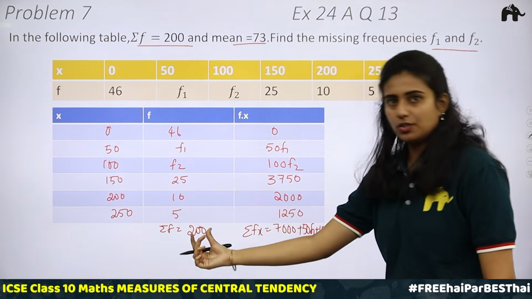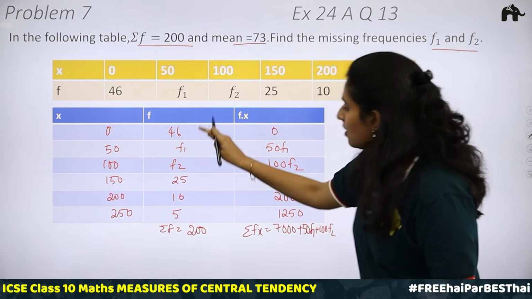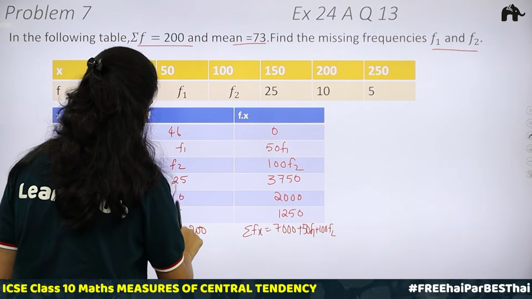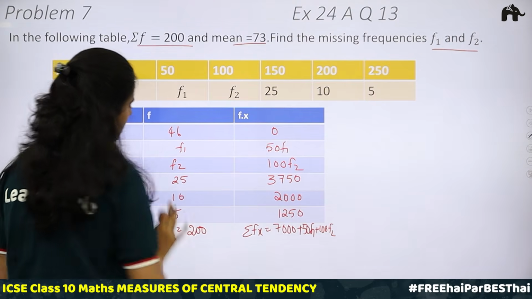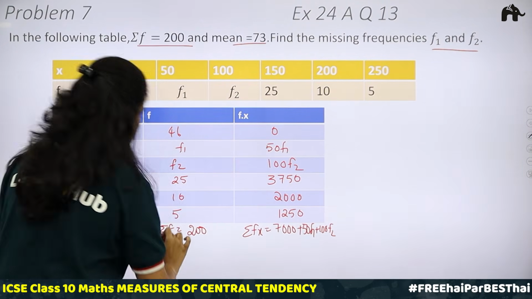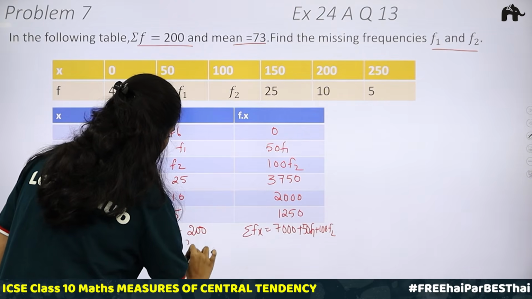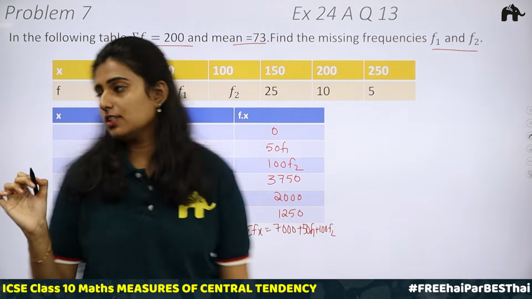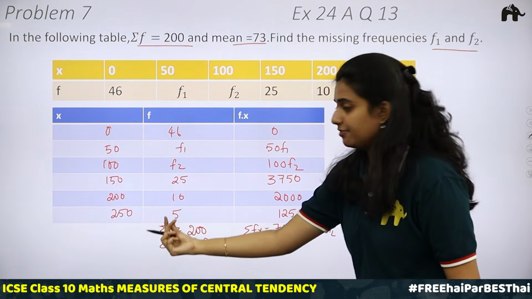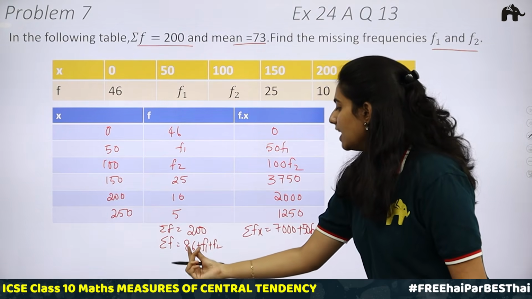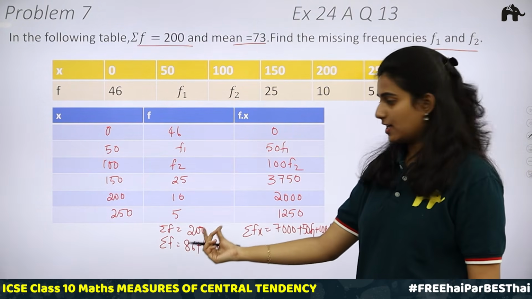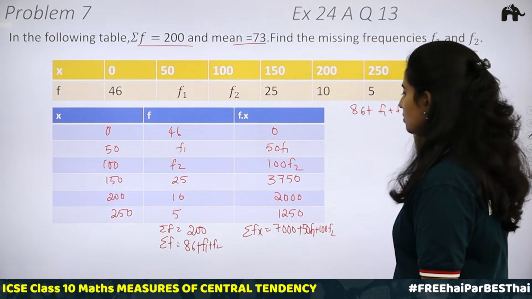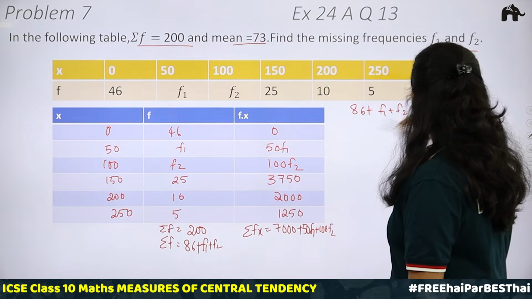And summation f is equal to 200, which means on adding this, what do we get? We have 46 plus 25 plus 5 plus 10: 25 plus 5 is 30, 30 plus 10 is 40, 40 plus 46 is 86. So, summation f can be written as 86 plus f1 plus f2. So 86 plus f1 plus f2 is equal to 200.